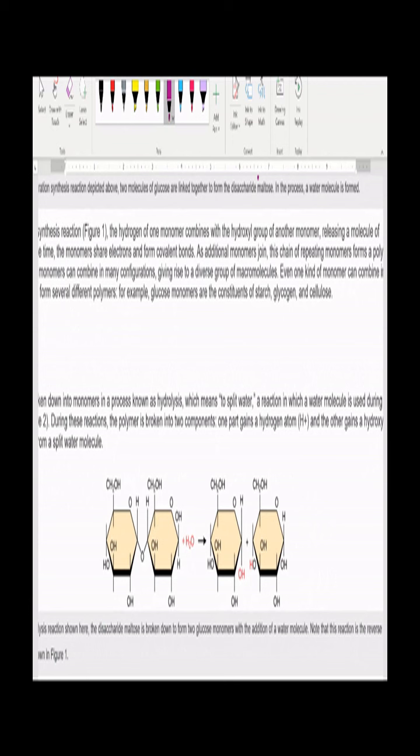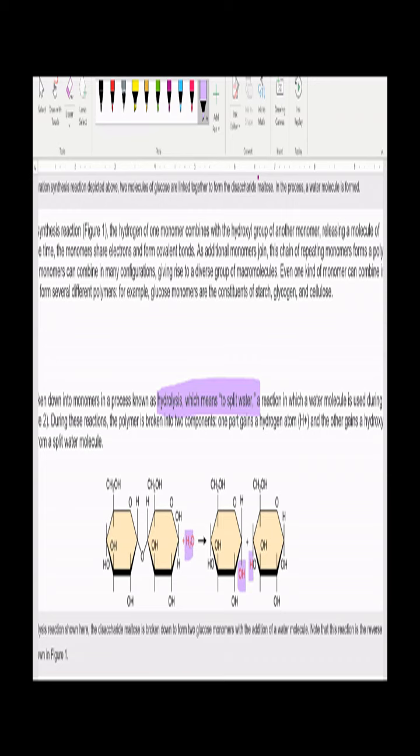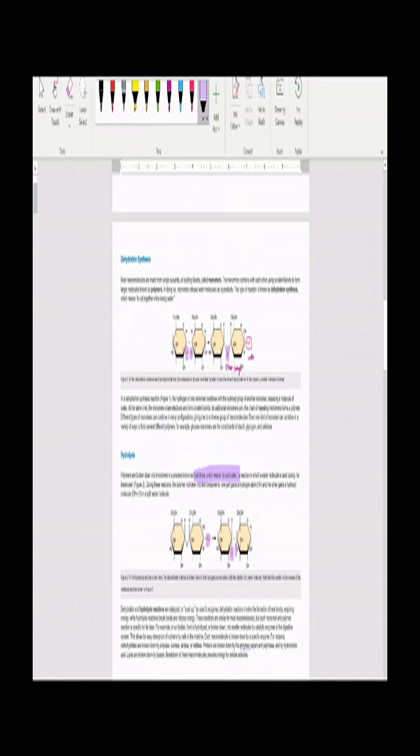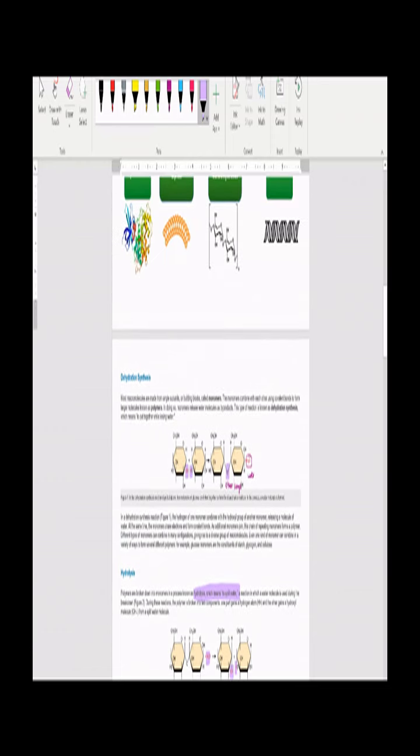This process is called hydrolysis, and that means we're splitting water. So here's our water molecule, and here's where it's been split back into an OH and an H. That's just a little bit on the reactions that help us build these macromolecules and then break them down as needed. And there's more on that if you want to read a little more in depth.